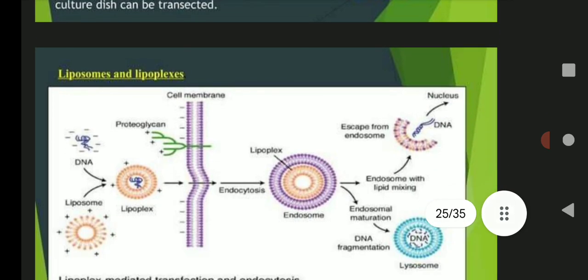Here we can see the diagram of lipofection. The lipoplex, that is DNA with liposome, directly moves by the endocytotic process, and within the cytoplasm, the lysosome fusion and the delivery of DNA takes place, and the DNA gains entrance into the nucleus.